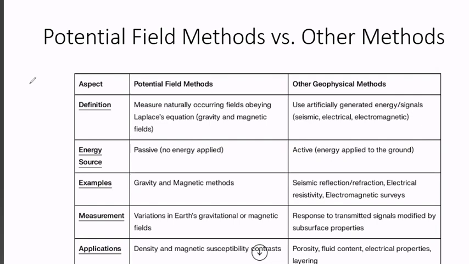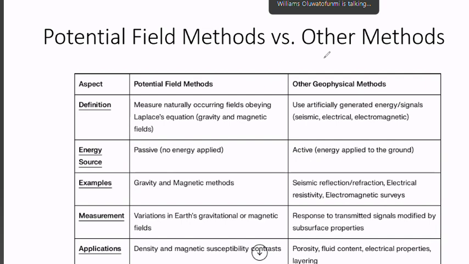Go ahead and rephrase your answer. The difference between potential field methods in geophysics and other geophysical methods is that potential field methods are naturally occurring, while other geophysical methods are artificially generated energy.